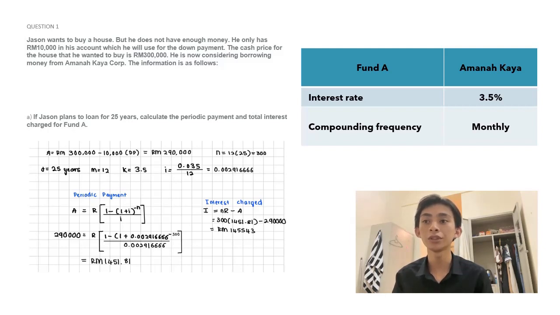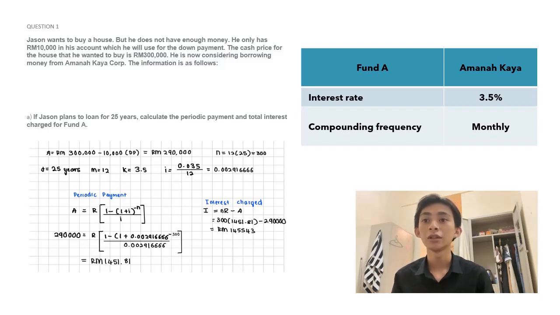After that, we put the numbers inside the terms. 290,000 equals R open bracket 1 minus (1 plus 0.002916666) power negative 300 over 0.002916666 close bracket, and the total of this amount is RM1,491.81.